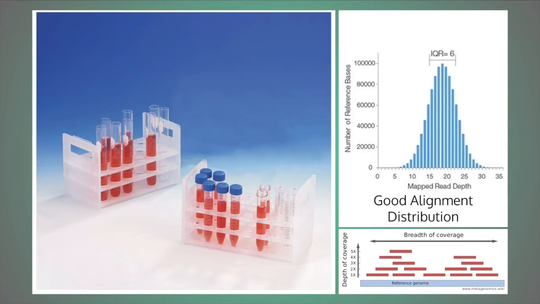But depending on the conditions of the sample and simply the number of mRNA molecules within it, there can be different sequencing depths, and this needs to be accounted for, obviously, between samples.